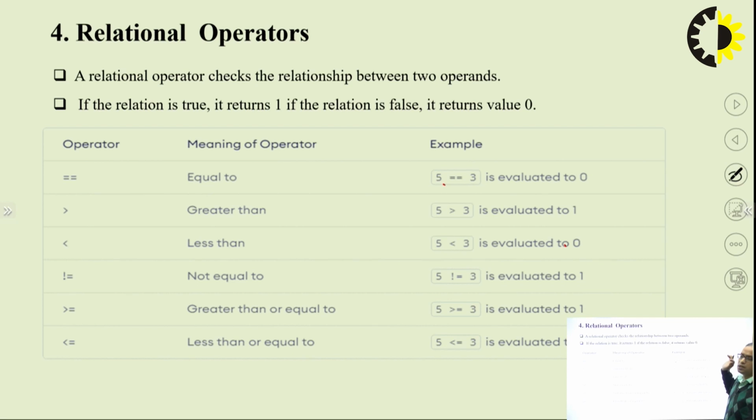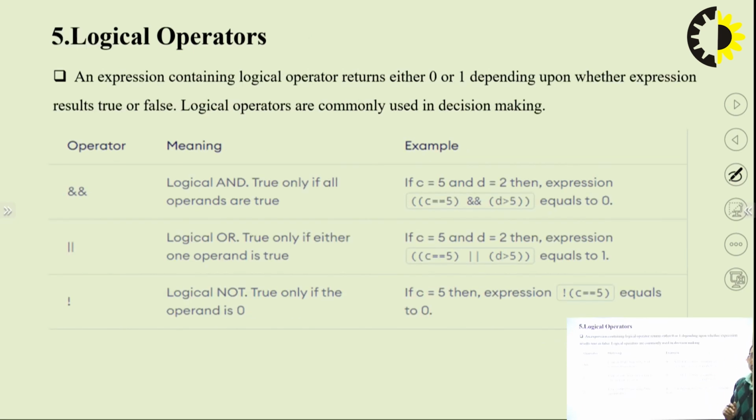Okay, so these are the relational operators, and we basically use these types of operators to check the relationship between two numbers. Next one is the logical operator. An expression containing a logical operator returns either 0 or 1 depending upon whether the expression is true or false. Logical operators are commonly used in decision making.